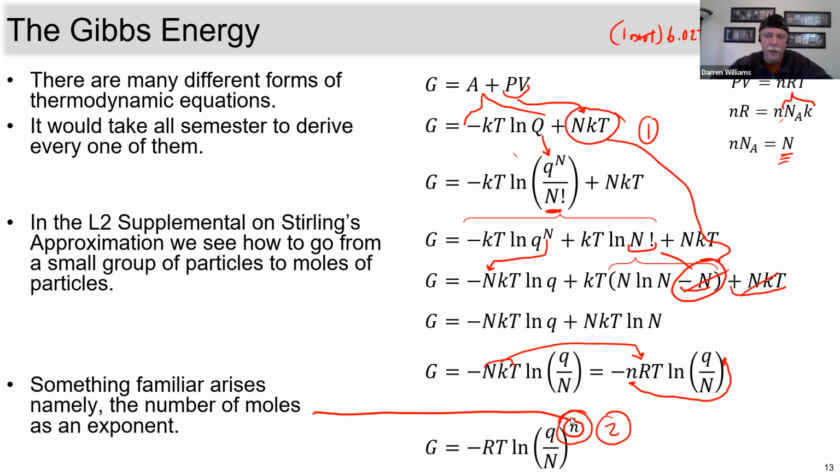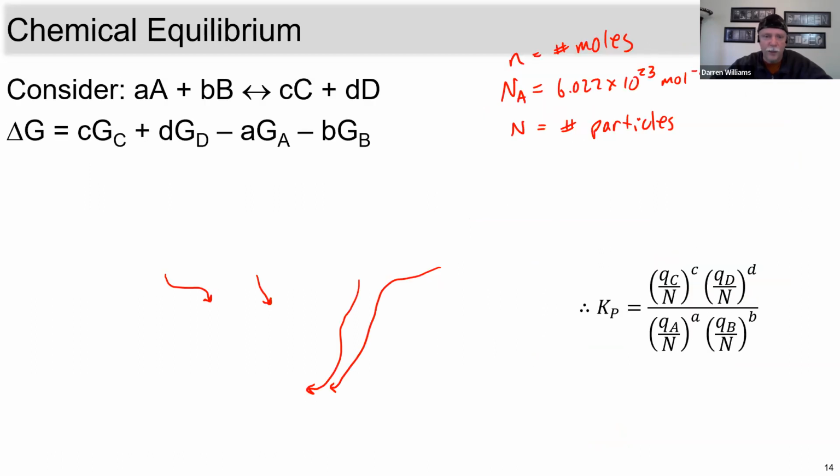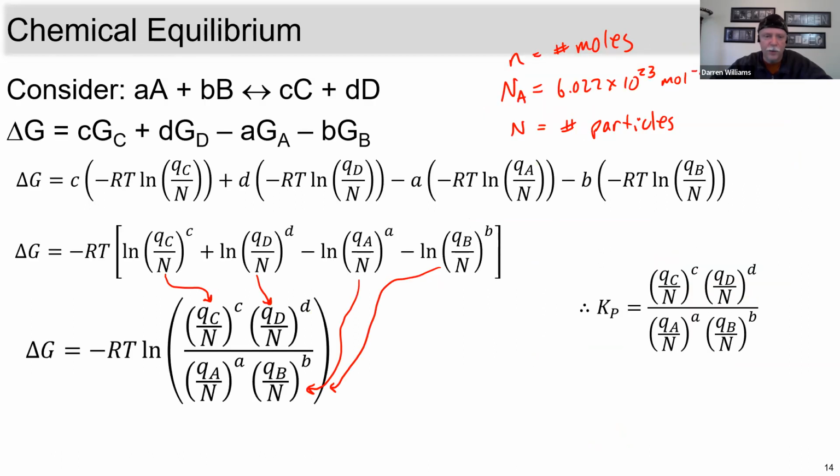And that was building the foundation for this derivation of the equilibrium constant. So I needed to show these guys right here. So they show up in the equilibrium constant, right? Because normally we write our equilibrium constants for pressure.